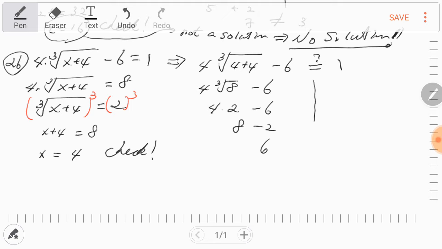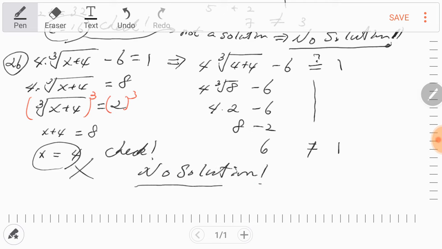Okay, and then 2 is not equal to 1. So x equals 4 is not a solution. So there is no solution.